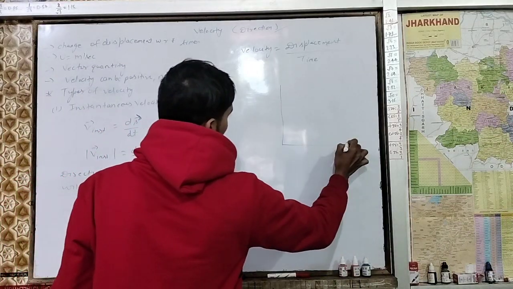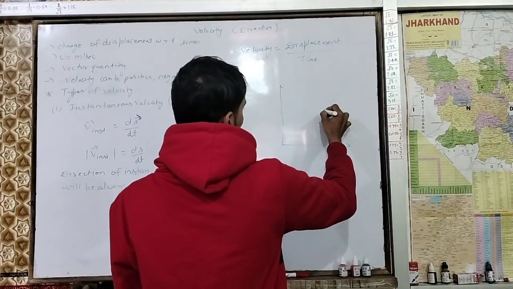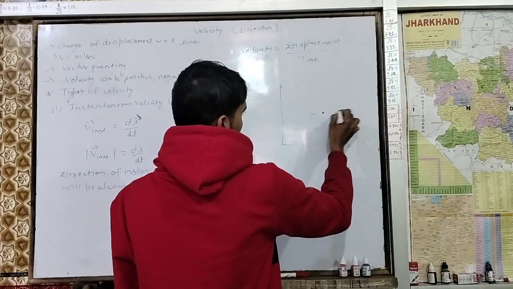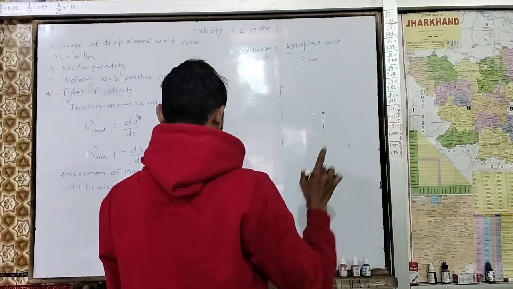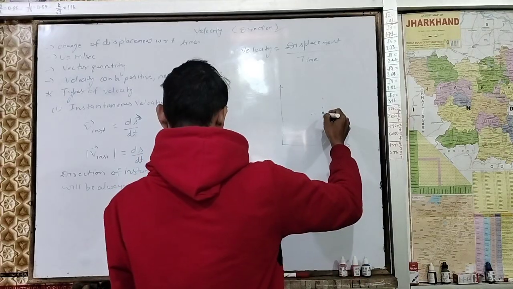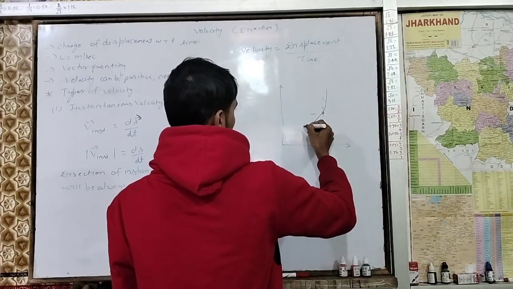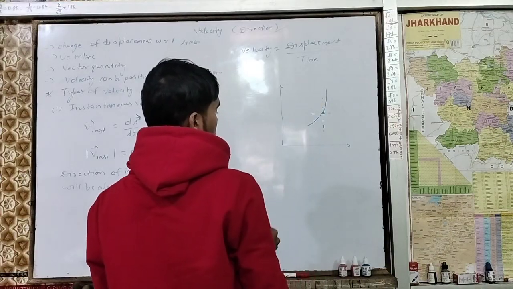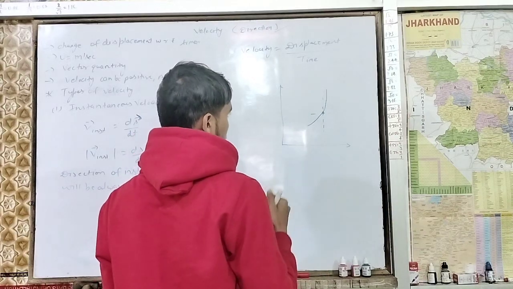For example, in this Cartesian plane, there is a particle over here. It is covering this x-axis and this y-axis. So the tangent will be like this. It is going like that, upward.